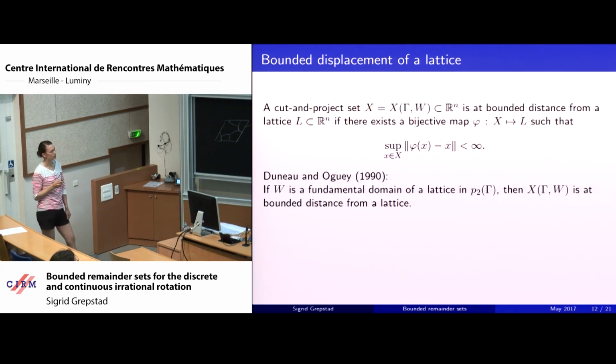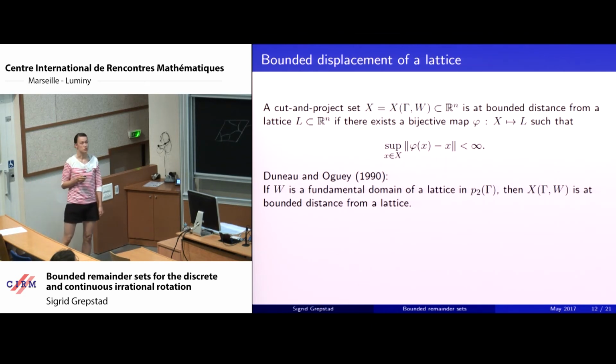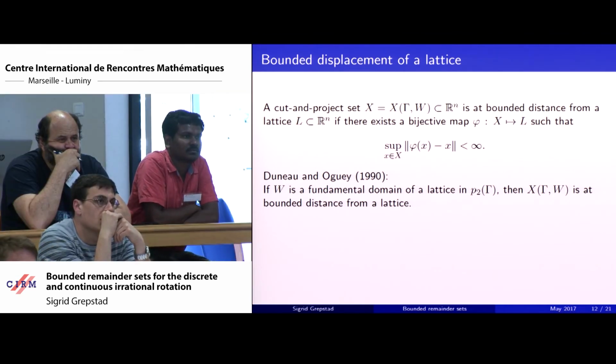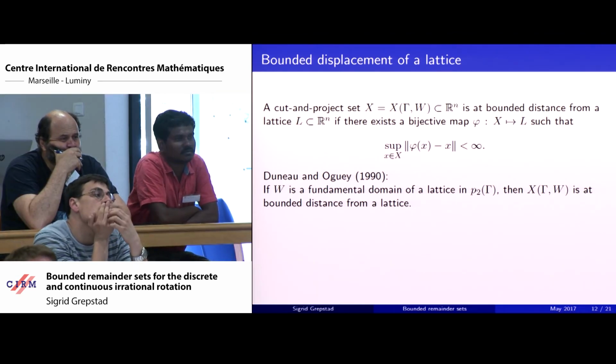And it was shown by Duneau and Oguey, and this was in 1990, in what was basically a physics journal, that if your window is a fundamental domain of a lattice in P2 of Gamma, then the resulting cut and project set is going to be at bounded distance from a lattice.